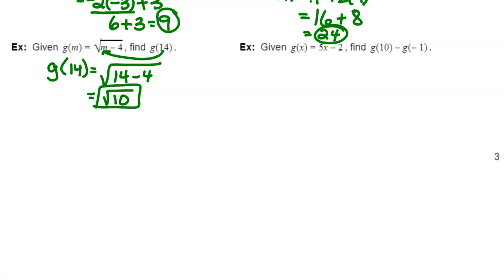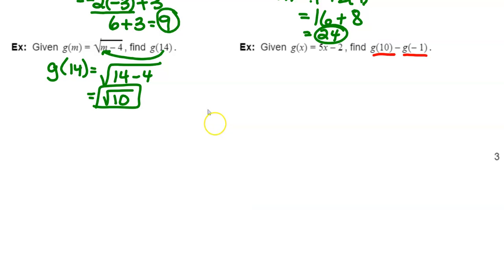In our final example here for this page, we have g of x is equal to 5x minus 2, and basically we're just going to operate with 2 individual functions. So I want to operate and find g of 10 and what g of negative 1 is and subtract the 2.